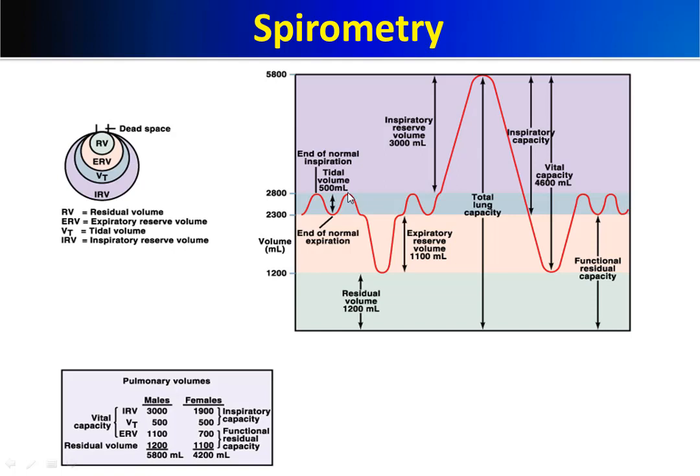Now if from this position, which is the position at the end of normal resting eupneic inspiration at the sea level, you ask this subject to breathe out with force, he's going to breathe out these 500 milliliters of air, from 2,800 to 2,300, which are the tidal volume, then an additional 1,100 milliliters of air, which is the expiratory reserve volume, and then the remaining 1,200 milliliters of air, which cannot be expired even using forced expiration, is what we call the residual volume.